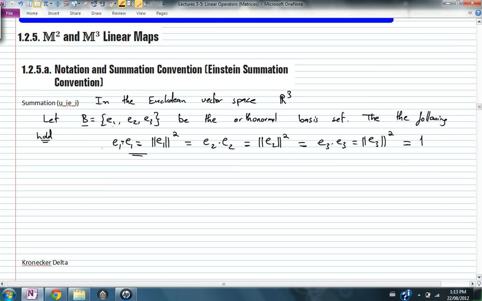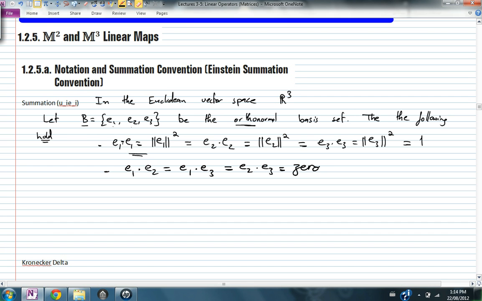We also know that E1 dot E2, the dot product between all the three vectors, since they are orthogonal to each other, then the dot product between each two vectors that are not equal to each other is equal to 0.